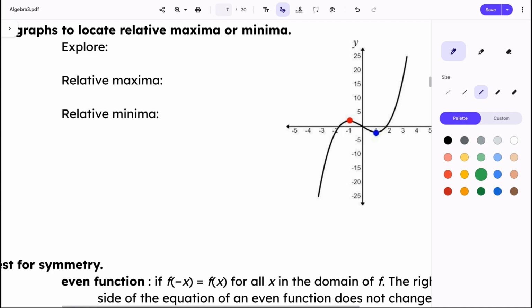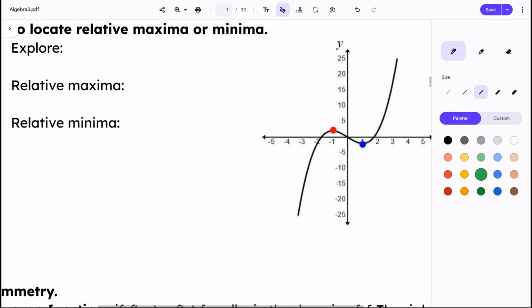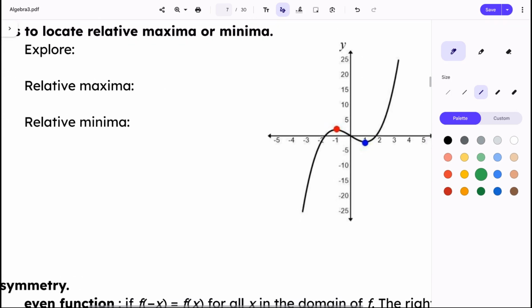So relative maxima would be the highest point that the graph seems to hit, which would be where that red dot is. And we have to estimate where we think this would be because the graph doesn't have all the numbers on the y-axis labeled. It's going by fives, so just be aware of that. About where do you think it is here? Probably 3. So I would write that maxima as -1, 3.